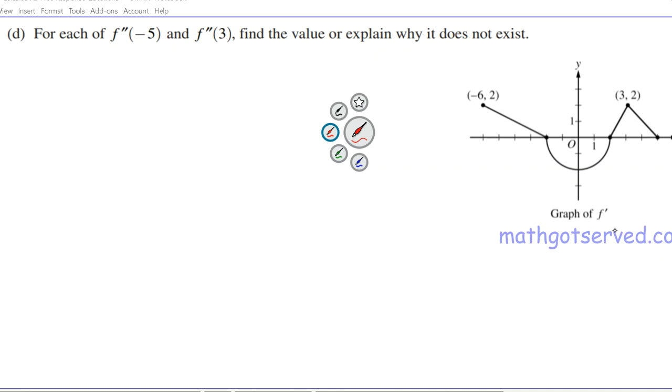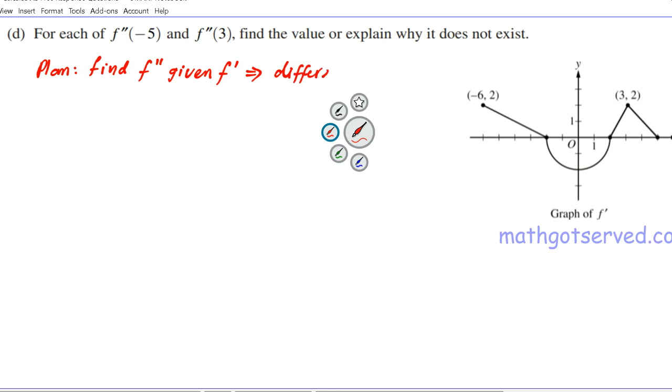So how do you find f double prime when you're given f prime? The plan is as follows: if you want to find f double prime given f prime, you differentiate.